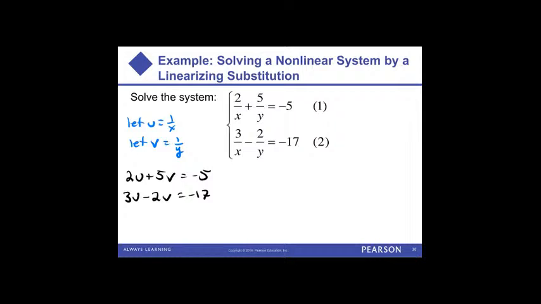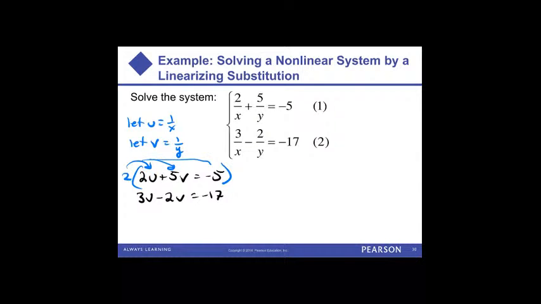Okay. So I think I'm going to use the elimination method. I'm going to eliminate the v. So I'm going to multiply this top one by 2. I'm going to multiply the bottom one by 5. Okay.